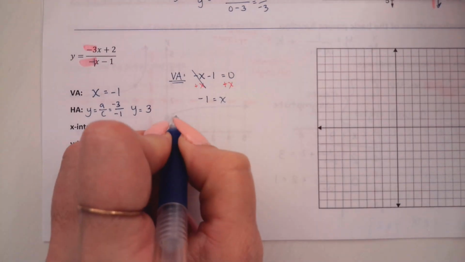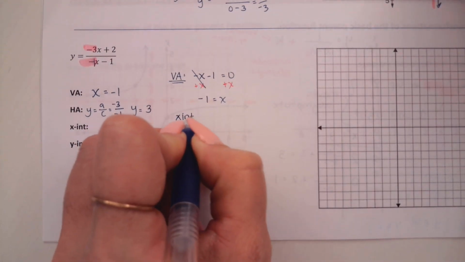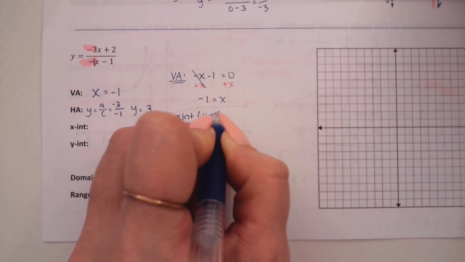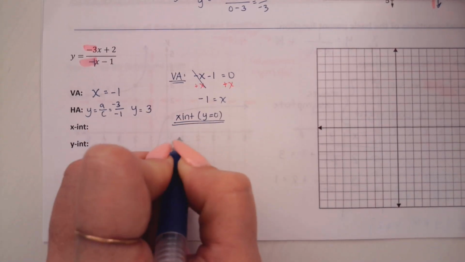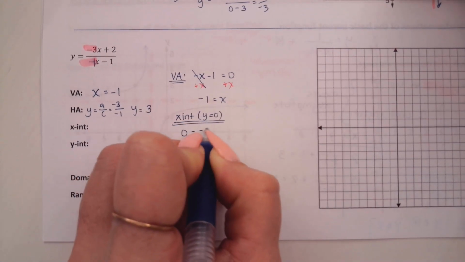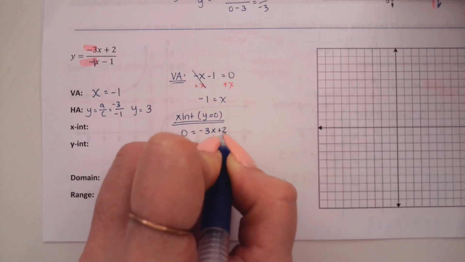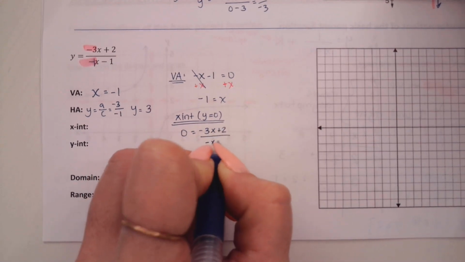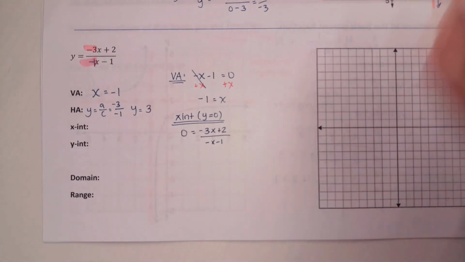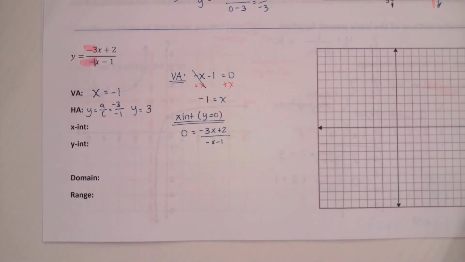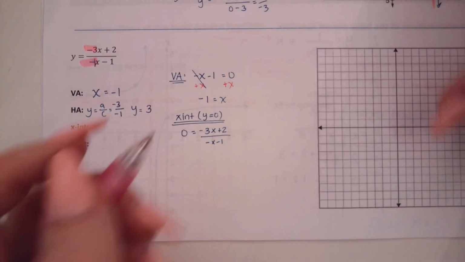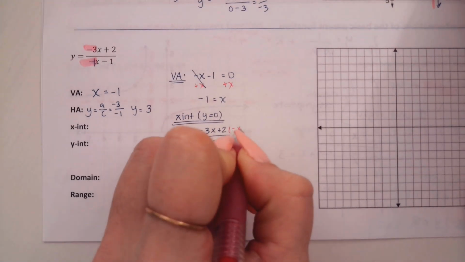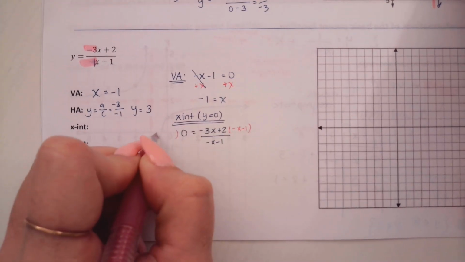X-intercept, how do we find that again? Set y equal to 0. Very good. We'll have 0 equals negative 3x plus 2 over negative x minus 1. Sean, to cancel that denominator, what are we going to do? Good. And what happens to it on the right-hand side?